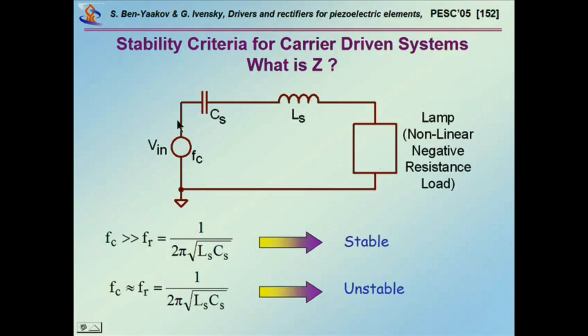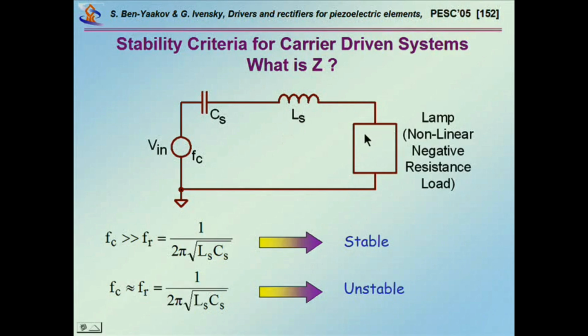So what we have to look at is not this impedance, we have to look at the incremental impedance. That is, what is the impedance of this branch when you have a carrier and you just change the amplitude, say, of the voltage, what will be the change of the current? So this is the concept of incremental impedance.